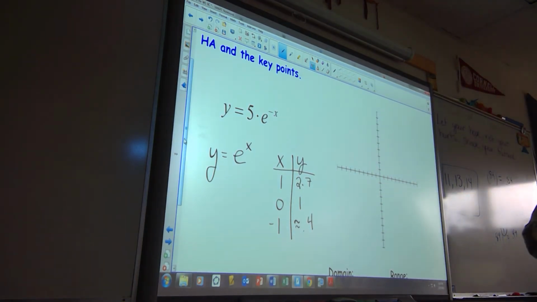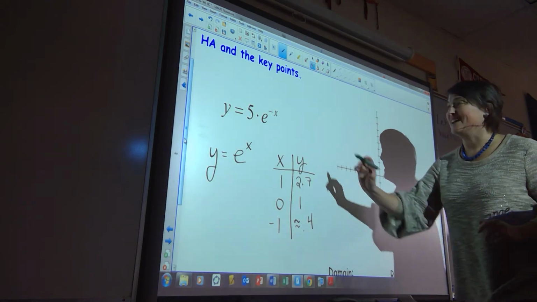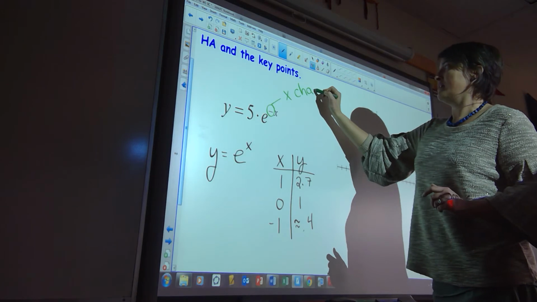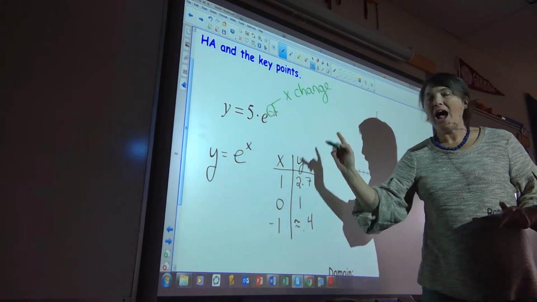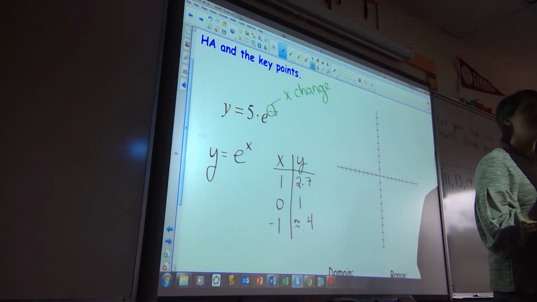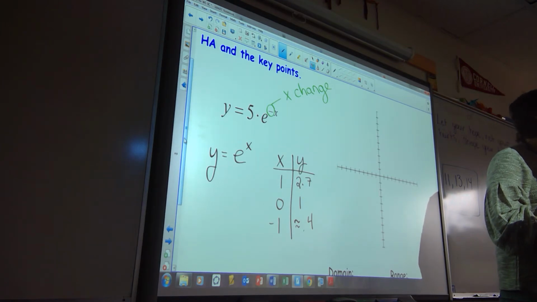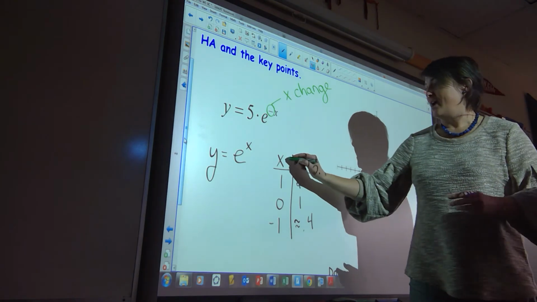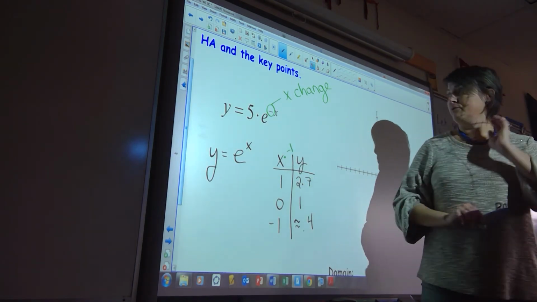Okay? Now, this is an x change. How will it change my x's? It'll flip them. Yeah, it'll make them all the opposite. So I have to multiply it by a negative 1.